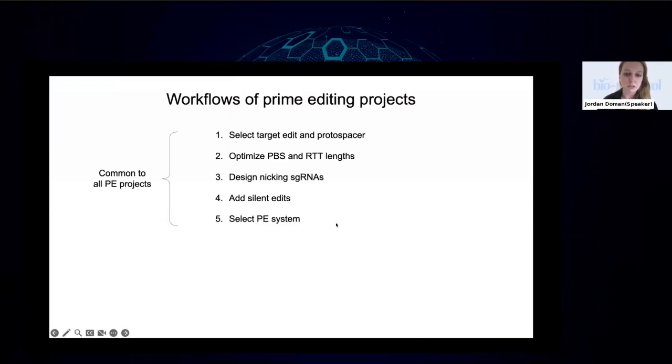Something I haven't mentioned, but we'll get there, is the addition of silent edits. And between these 5 things, if you carefully go through them all, you can really get efficient prime editing, especially if you're willing to iterate and optimize your editing approach. By doing this, you'll hopefully have a very efficient way to install your edit of choice.